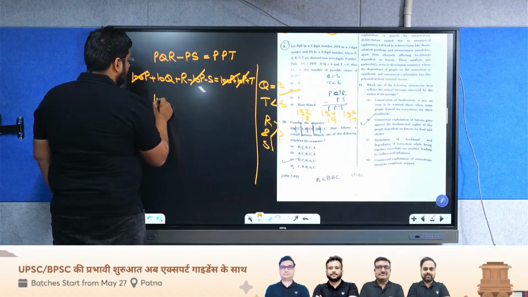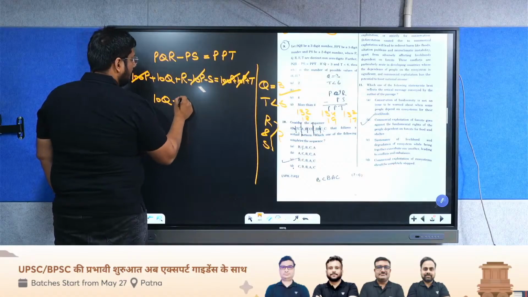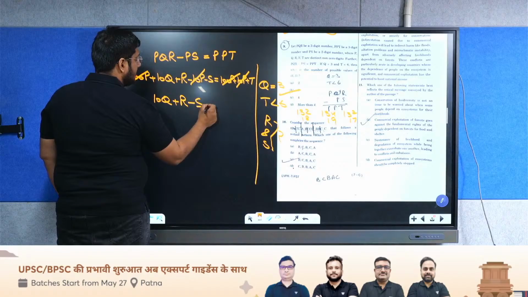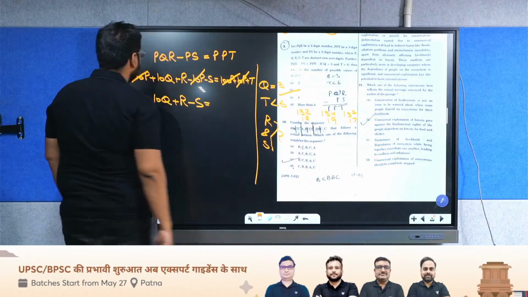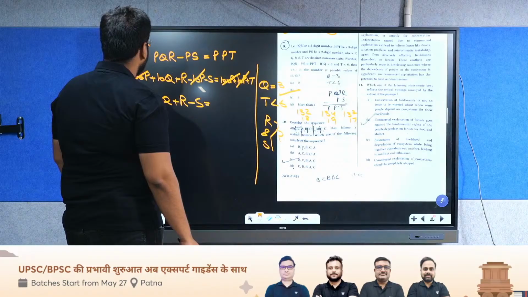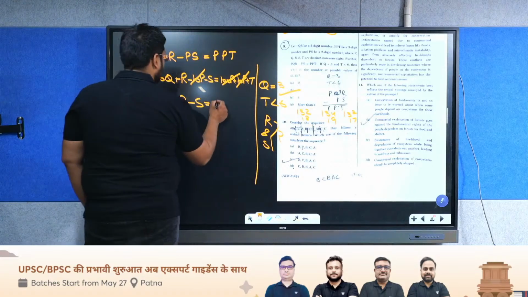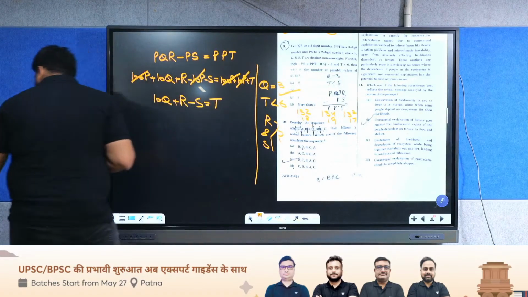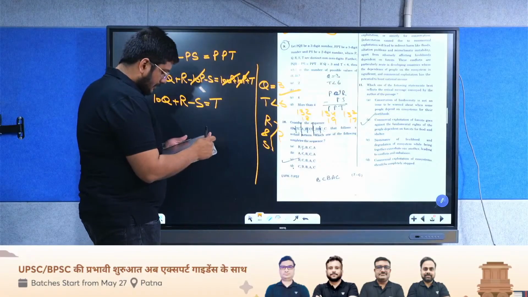I can write it as 10Q plus R minus S is equal to T. This is the equation that we are getting. Am I missing something here?